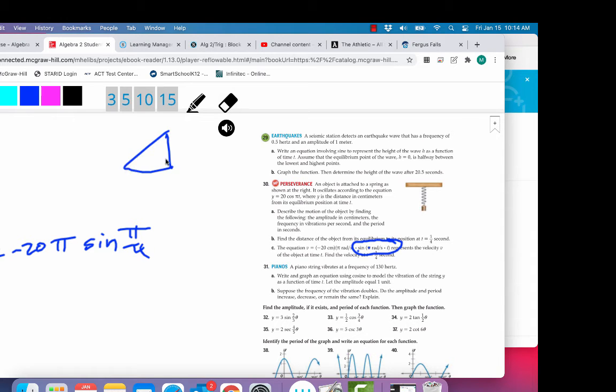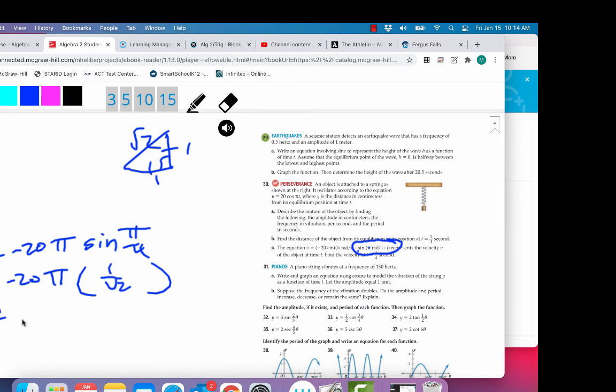Again, the sine of pi over 4, we've been dealing with that for days, and it's 1 over the square root of 2 or square root of 2 over 2. So I can do -20 times pi, and then the sine of pi over 4 is 1 over the square root of 2. I'm just going to plug that into my calculator, -20 pi times 1 over the square root of 2, and I get -44.4.